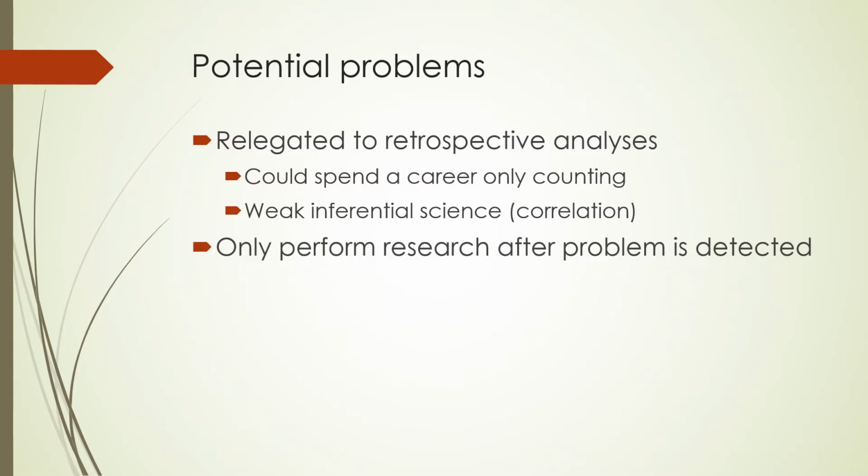The other problem that has been pointed out is that the research into the cause of the decline is only initiated after the problem is detected, and sometimes we can be way down the road. A good example of this is the California condors.